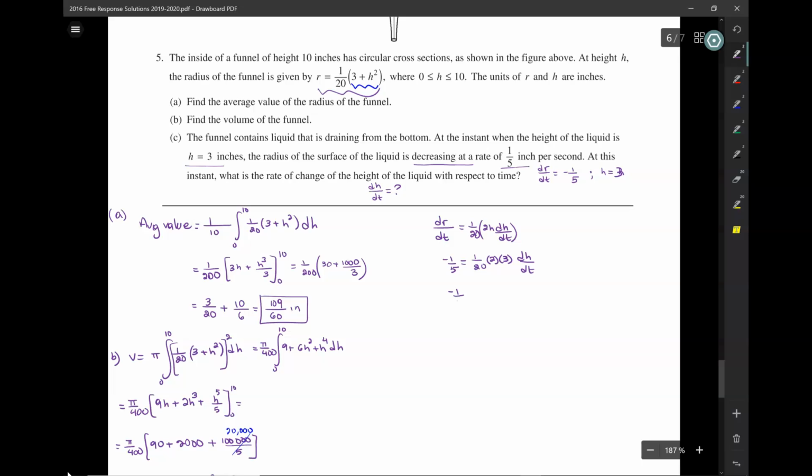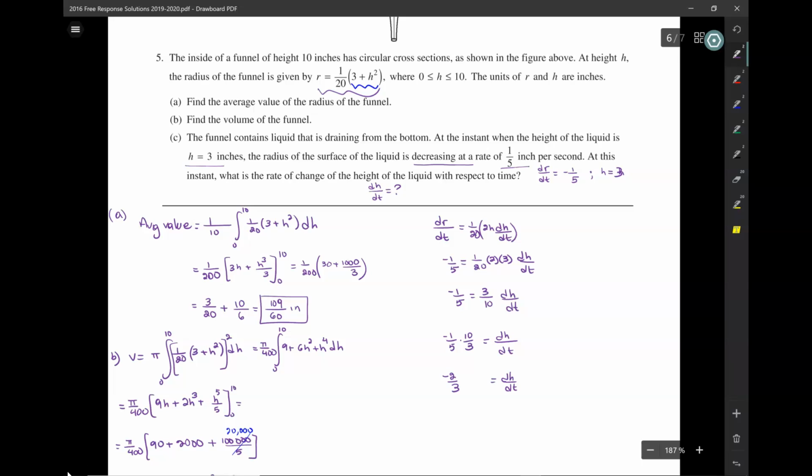So negative 1/5 is 3/10 dh/dt. So dh/dt is negative 1/5 times 10/3, and that is equal to negative 2/3. And what are the units?